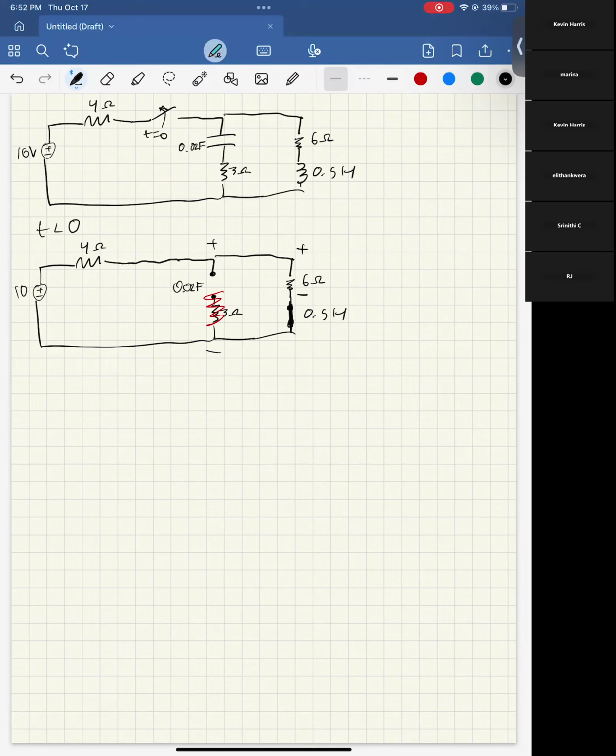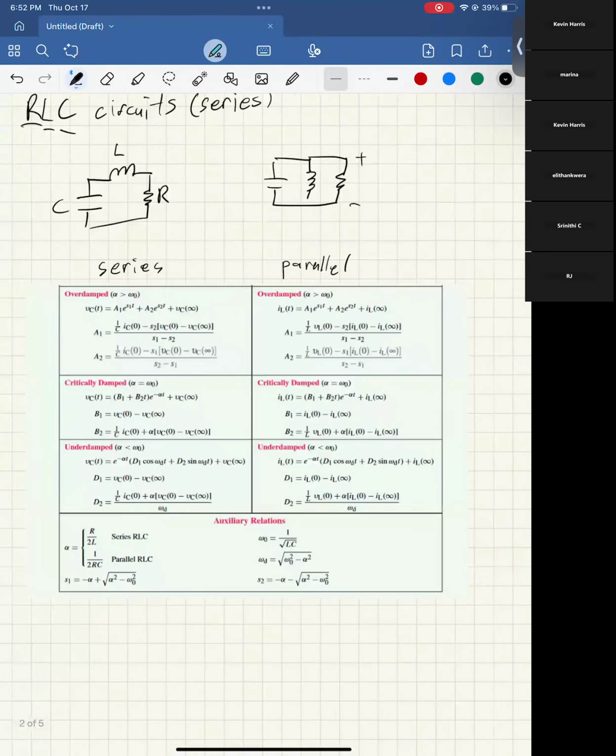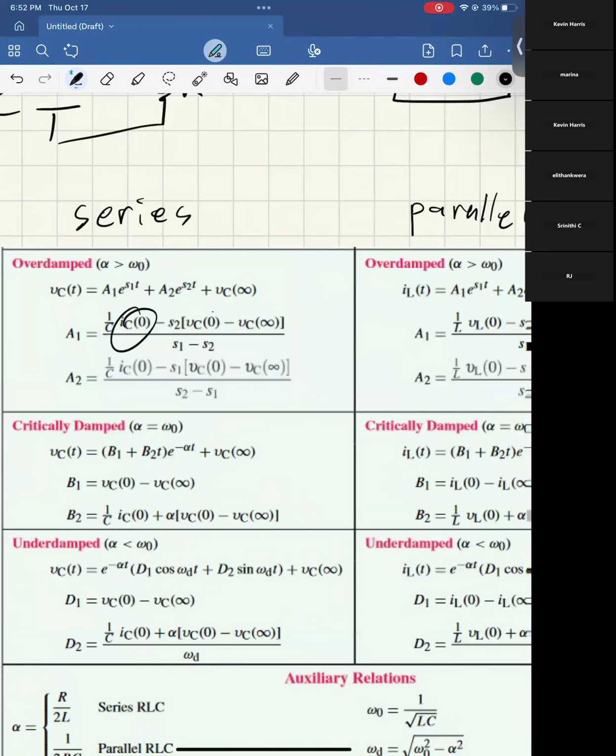So VC of 0 is going to be equal to the voltage across that 6 ohm, which is going to be our 10 volts times 6 over 4 plus 6, which is 6 volts, right? And then similarly, we want to find the IL of 0. The IL of 0, the VC of 0, and the VC of infinity.